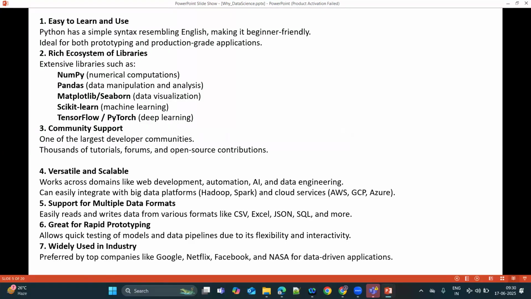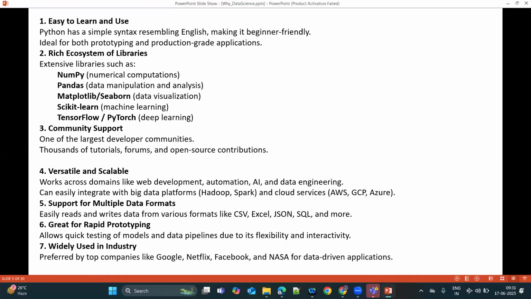As mentioned, it is easy to learn and use. That is the very first and foremost point I want to highlight. There are some programming languages like Java, C++, Ruby, and so many other languages. But the challenge we are facing is, of course, I don't want to discriminate, but the good point with Python is that it is very easy to learn and use.